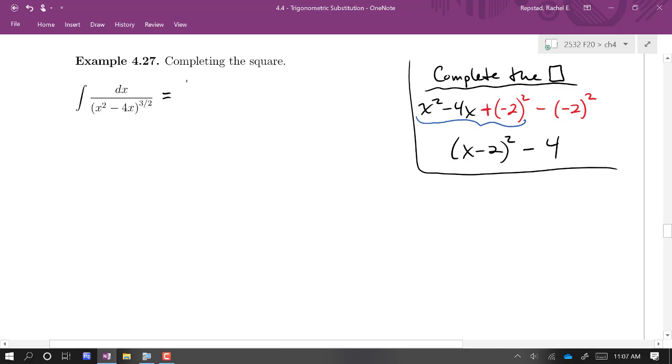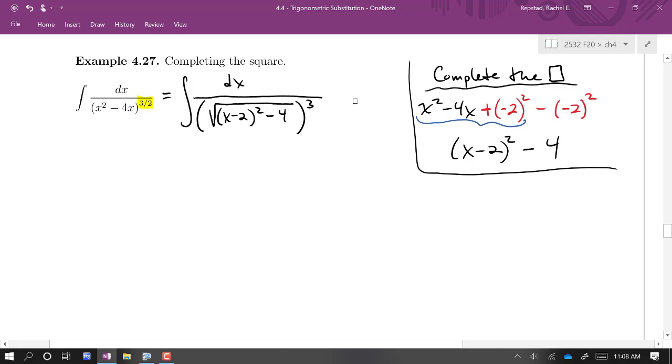So there's the expression equivalent to x squared minus 4x. So now I'm going to rewrite this integral. And in addition to substituting x minus 2 squared minus 4 in for that expression with x's, I'm also going to take care of the fact that this 3/2 power means we're cubing a square root. All right.